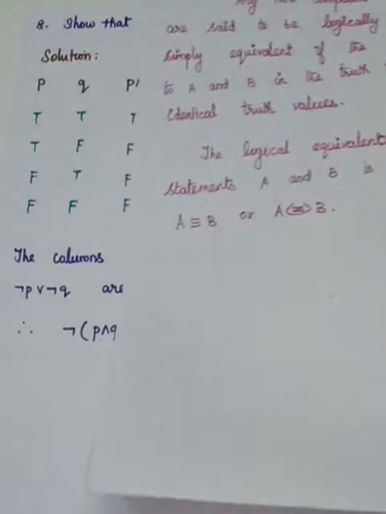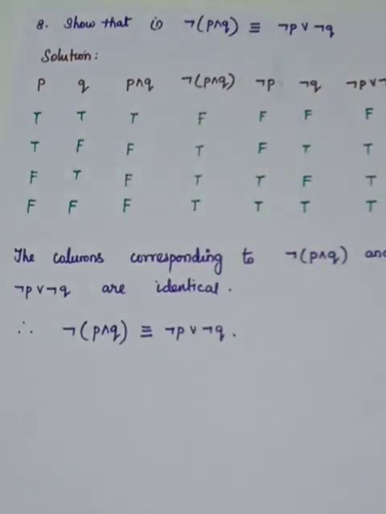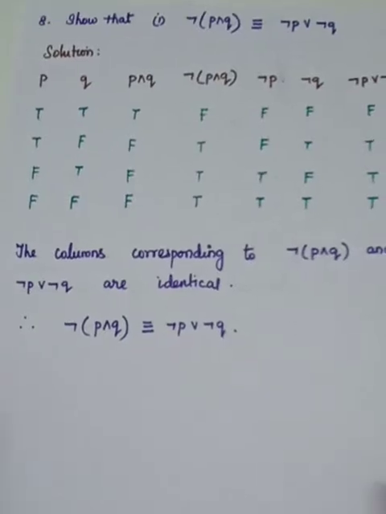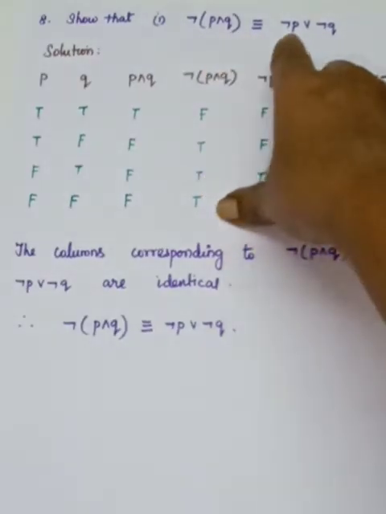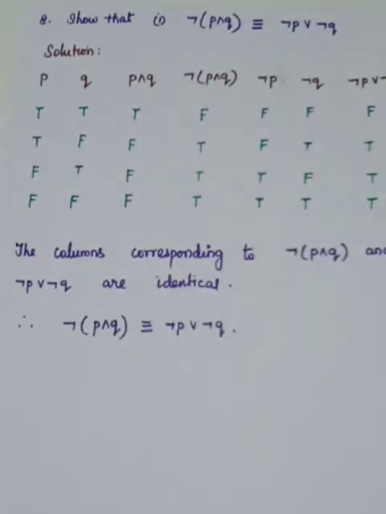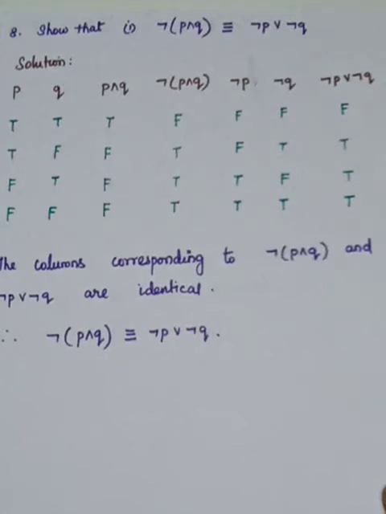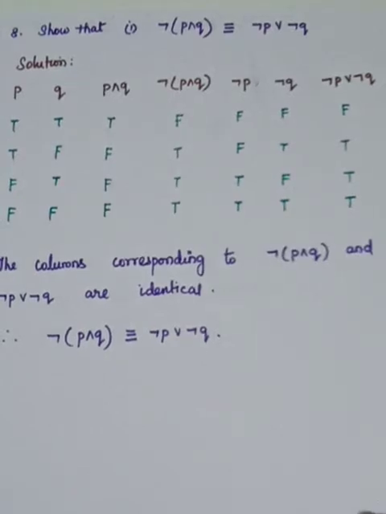So I'll come to problem number 8. Show that the negation of P and Q is logically equivalent to negation P or negation Q. So as usual we have to draw the truth table. Here there are only 2 statements, P and Q, so you have to write 4 rows, not 4 columns, 4 rows.